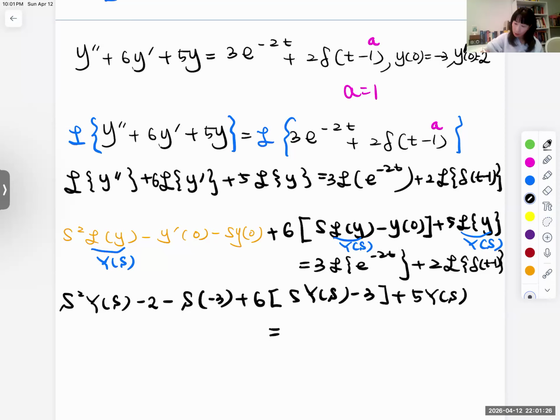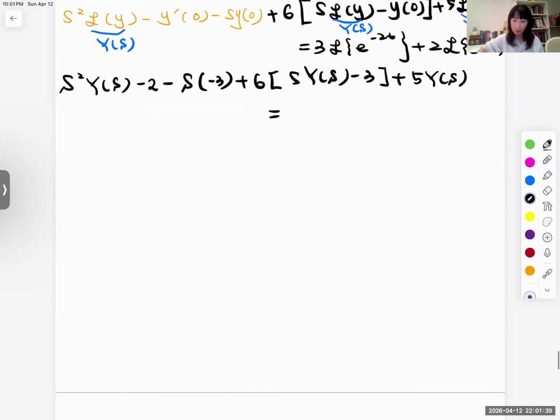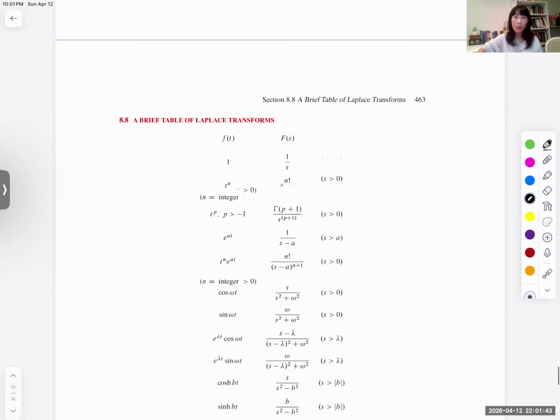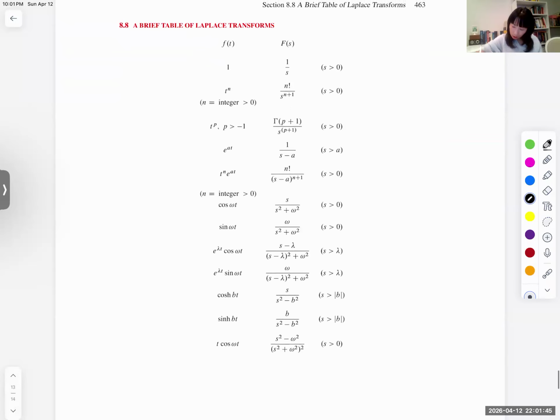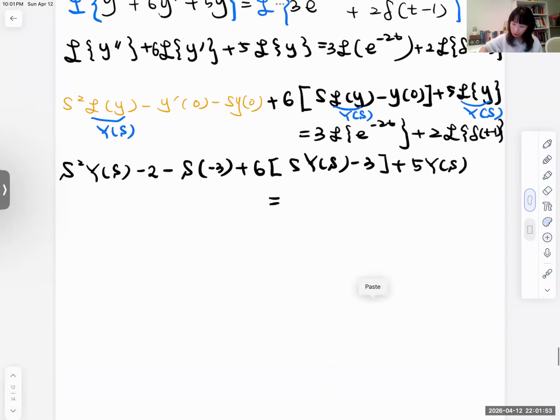Equal to 3. Okay, how do we convert to Laplace of e to the negative 2t? Okay, Laplace of e to the a t power. Maybe I'm going to write it down here.